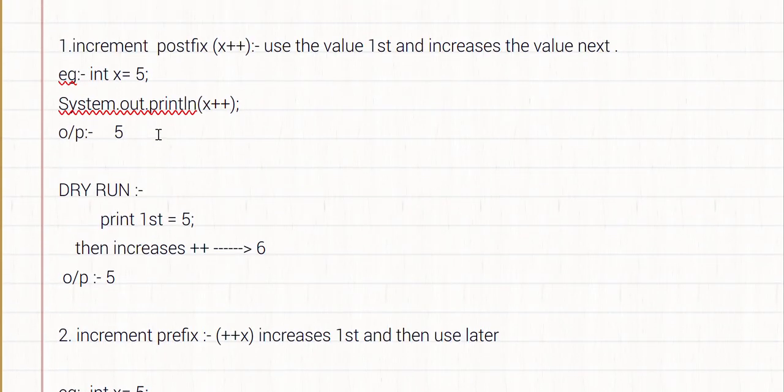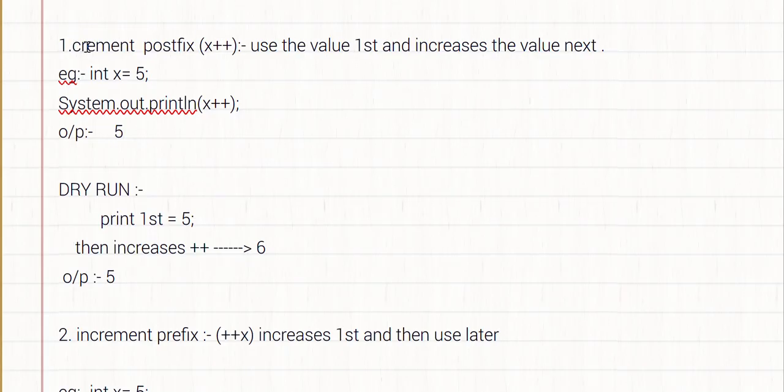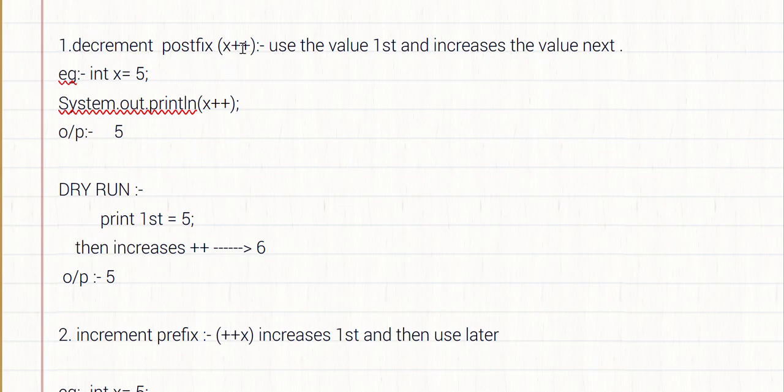And next you can see the same one. I'll not type it now. Next one is decrement postfix. You'll get the same thing. Decrement postfix means we just change the symbols to minus.